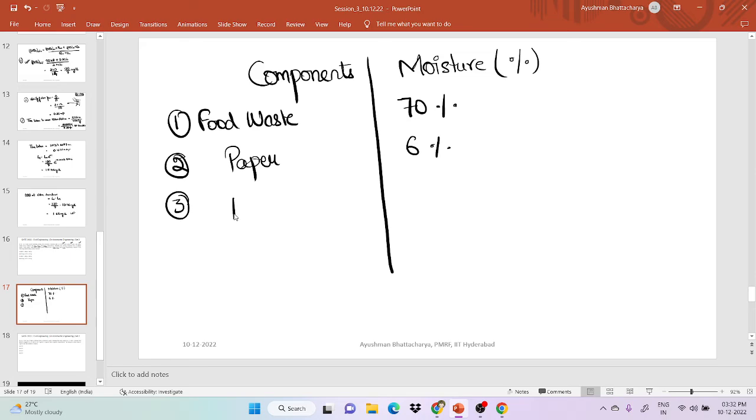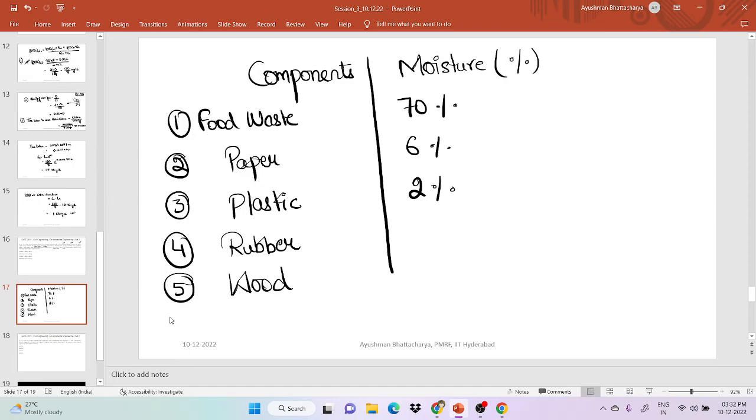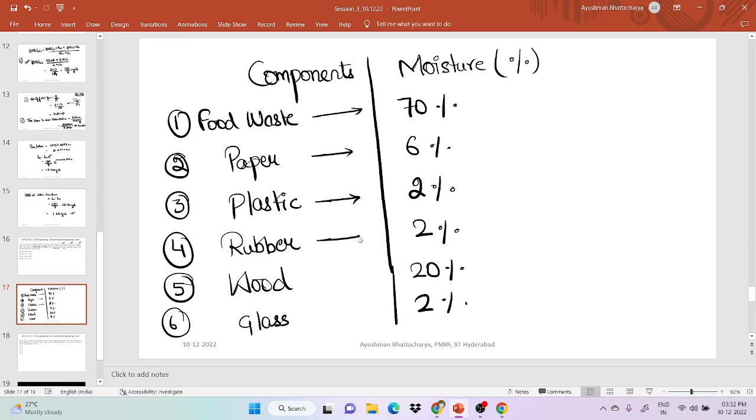Third is plastic, 2%. Fourth is rubber, 2%. Fifth is wood, 20%. Sixth is glass, 2%. So food waste moisture content is 70, paper is 6, plastic is 2, rubber is 2, wood is 20 and glass is 2%.